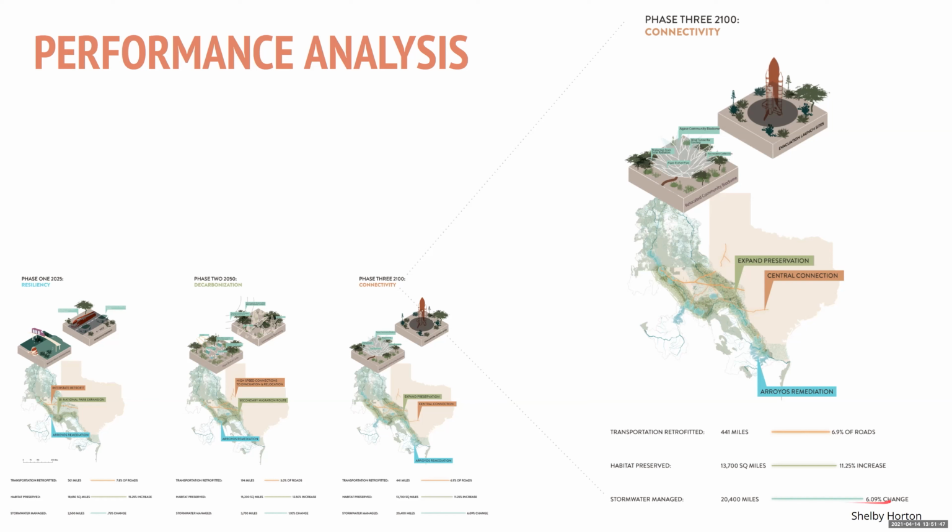And we're also managing about 6.09% of the floodwaters in our arroyos to help decrease the inundation that would happen, so we can get more people out before they would be flooded.